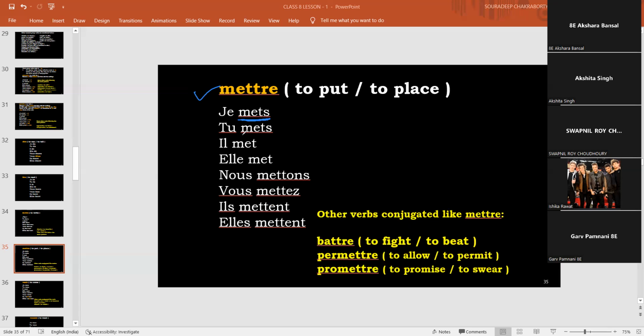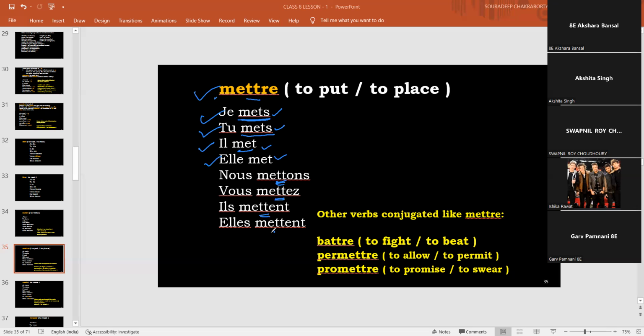Je mets, tu mets, il met. When we get this verb, we will be conjugating the consonant in this way. So you can observe here, S we have written for these two cases, but S is missing here: il met, elle met. Next, you can see the verb has a double T in the plural forms.